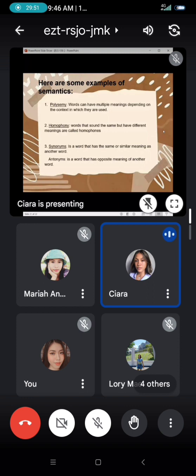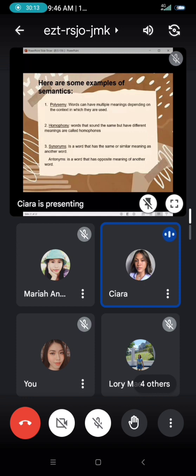Another example is there: their, there, and they're. That is homophony.